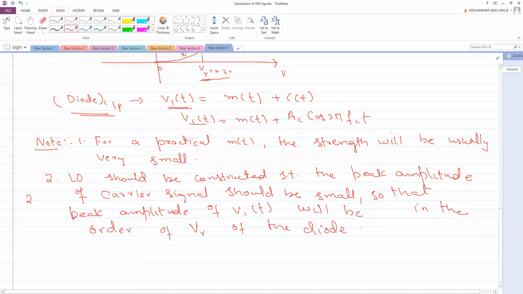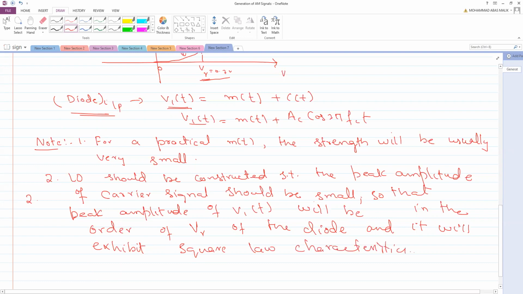And because of this reason, it will exhibit the scalar characteristics, and hence it will exhibit scalar characteristics.